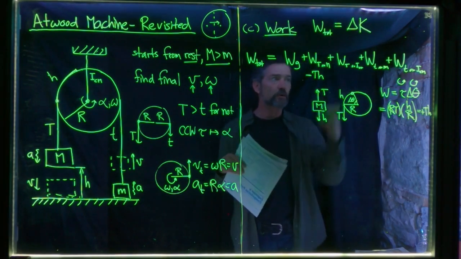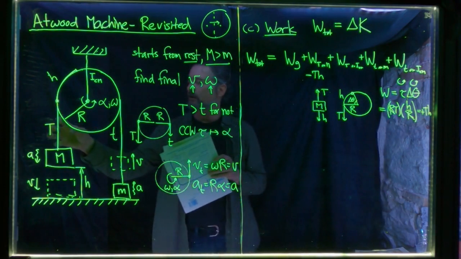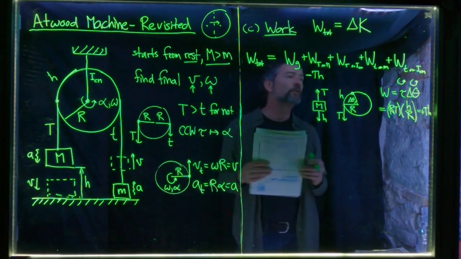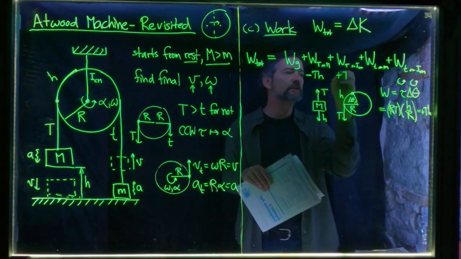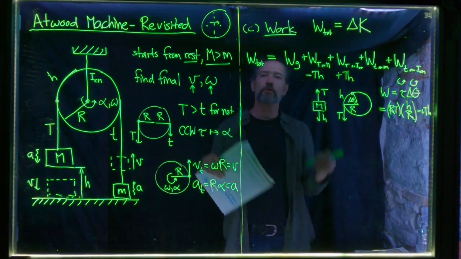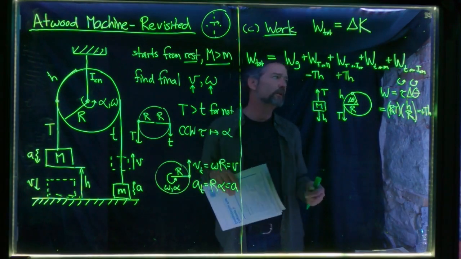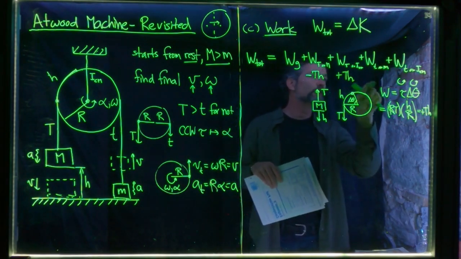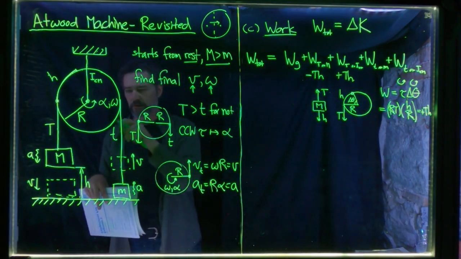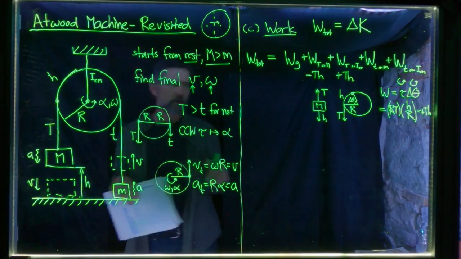So this work done by the left-hand rope under tension capital T, exerting a torque on the pulley, is positive Th. And so you see that this work term and that work term exactly cancel each other out. Similarly, you can look at these two terms, the work done by little t on little m and by little t through a torque on the pulley.